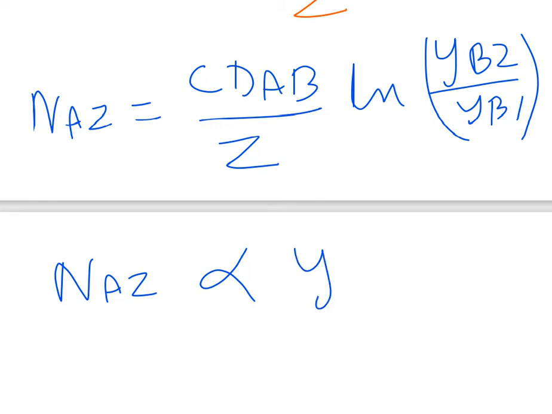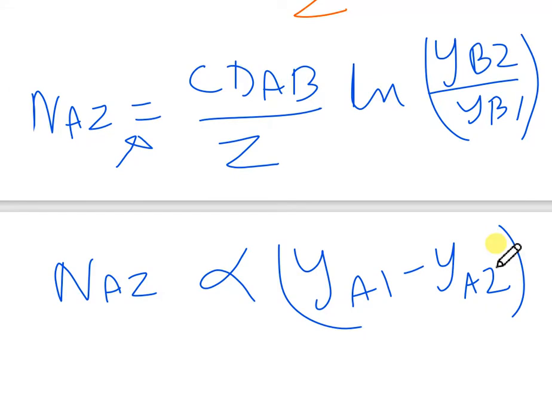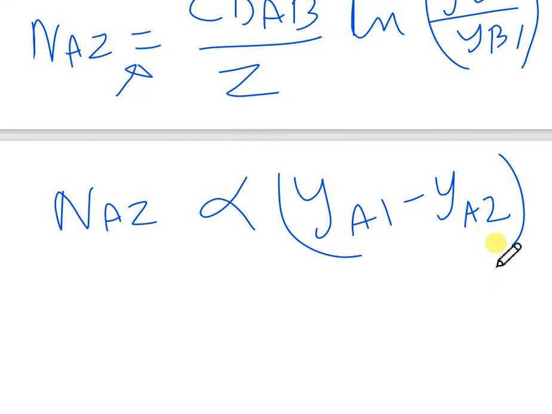So basically, Ya1 minus Ya2, Ya1 at the surface, at the interface, and Ya2 in the bulk. So that's the difference of concentration. Somehow we have to rearrange this equation and write it in terms of Ya1 minus Ya2.